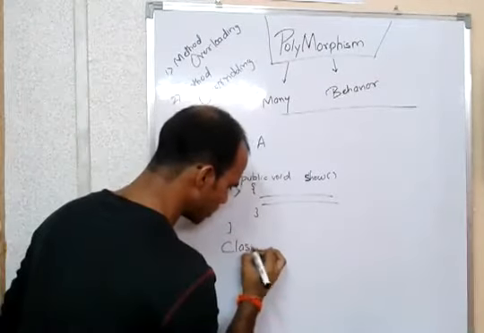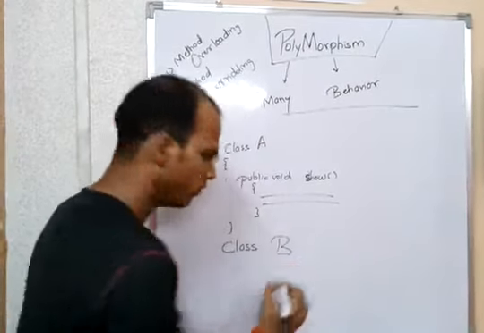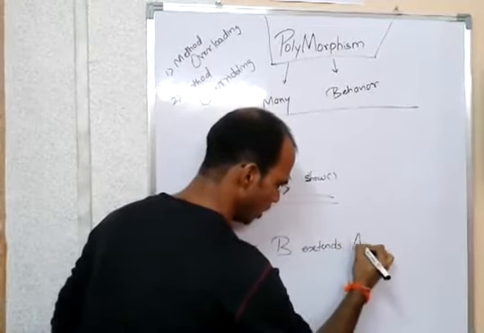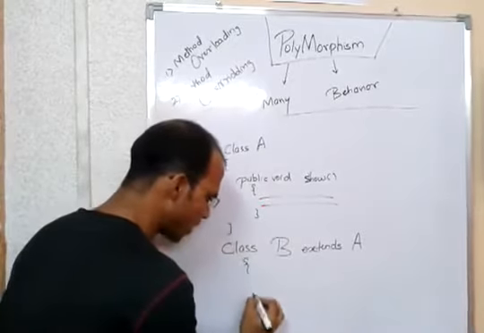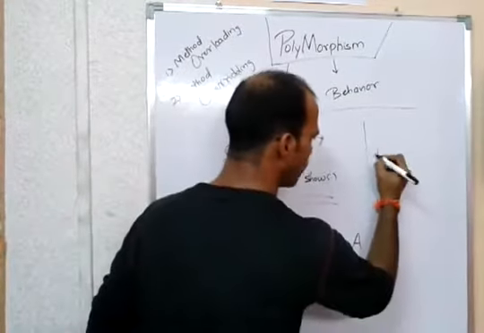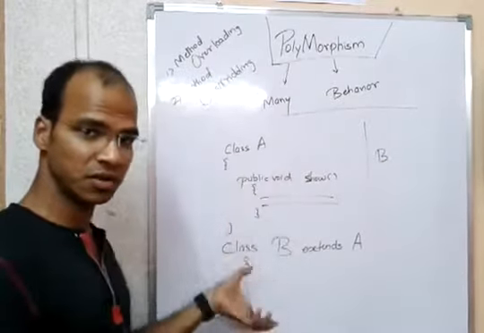I have a different class called B which extends A. Now when I say class B extends class A, and if I create an object of B, you can see this is called single inheritance.